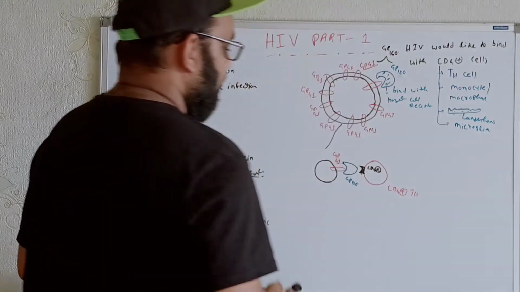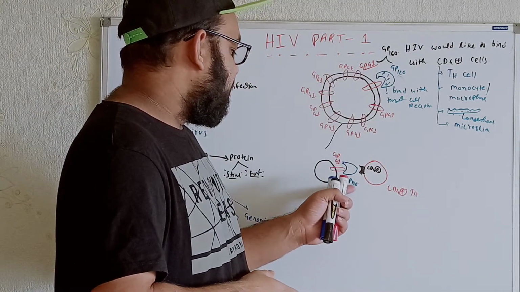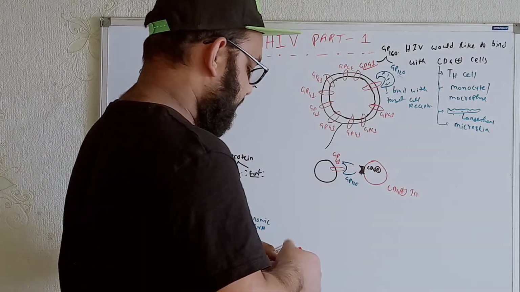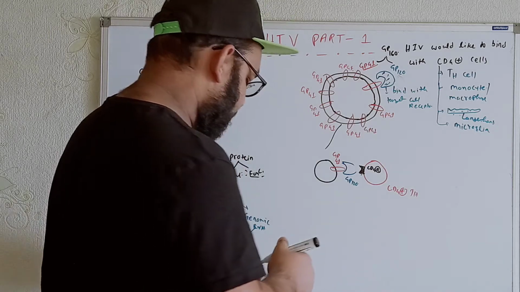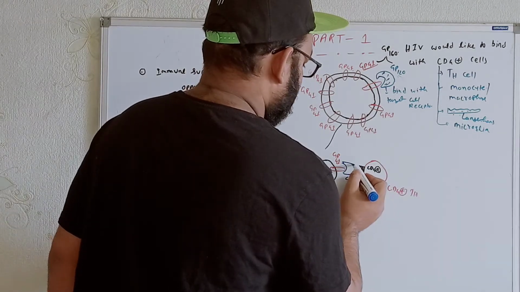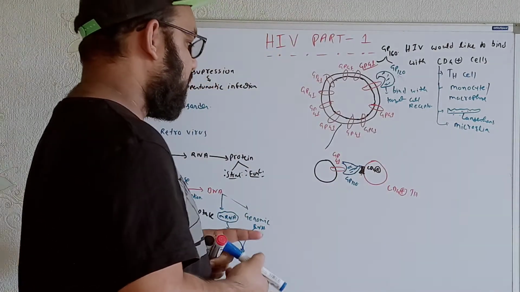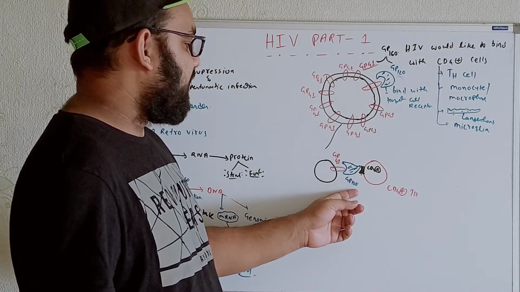Now try to understand from this figure. As I said, the GP120, glycoprotein 120, will get bound along with the receptors, that means the target cell receptors, the CD4 receptors. Whenever it gets bound to the CD4 receptors, some signals will rise within this GP120, and we'll get another type of structure.